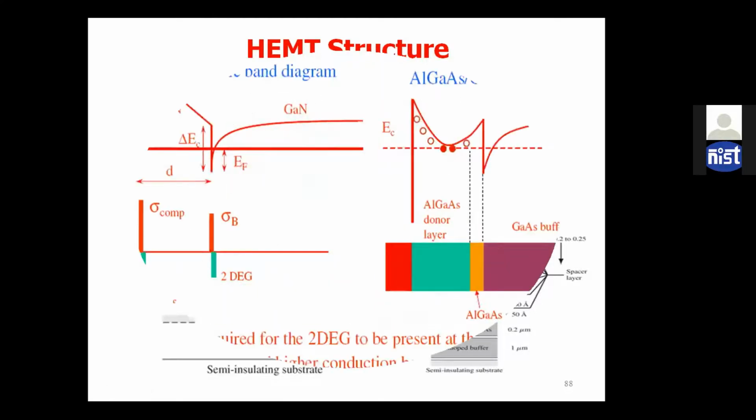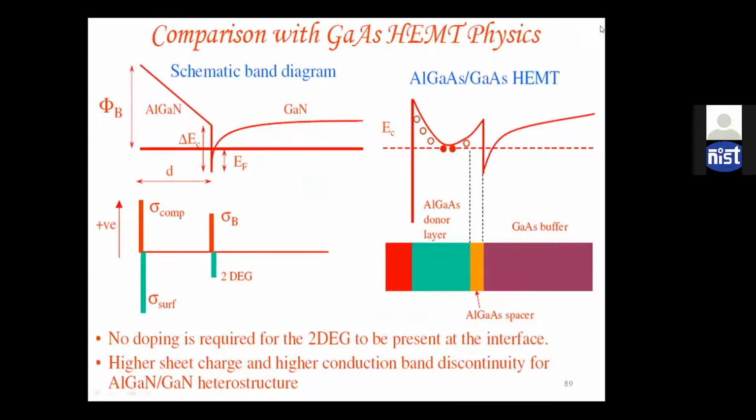And as I explained earlier, this conventional GaAs and AlGaAs HEMT technology is very prominent, but nowadays the most important HEMT technology uses GaN, the nitride material, because the nitride material is a high band gap material, so it can give very good thermal property as well as transport property.